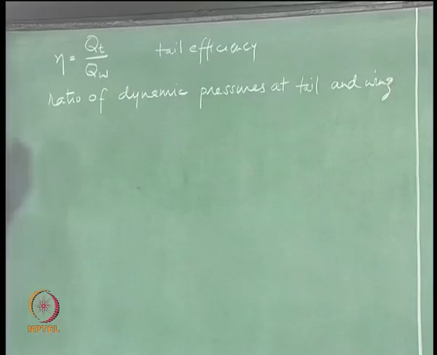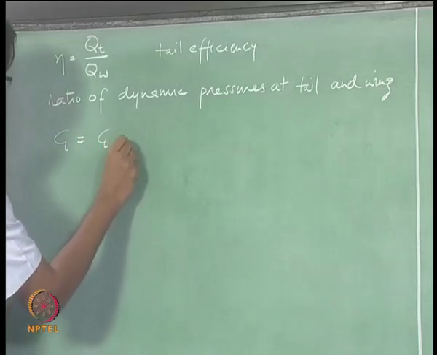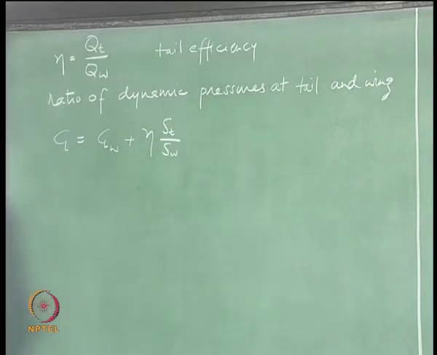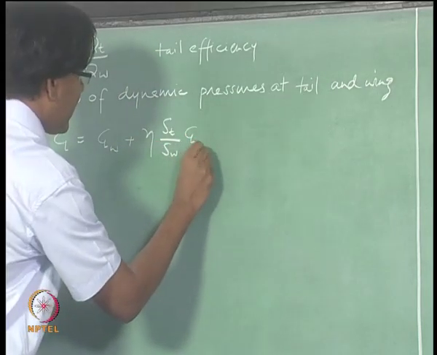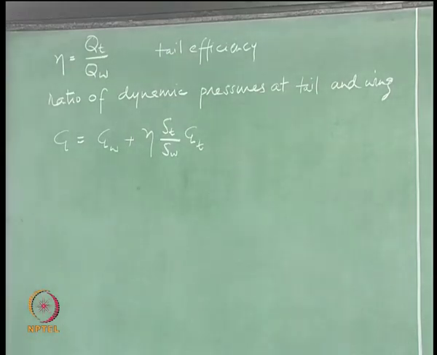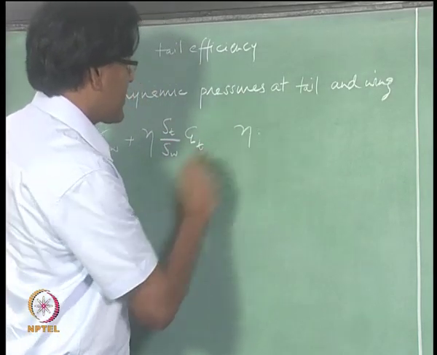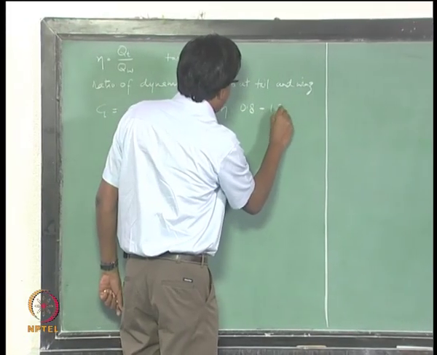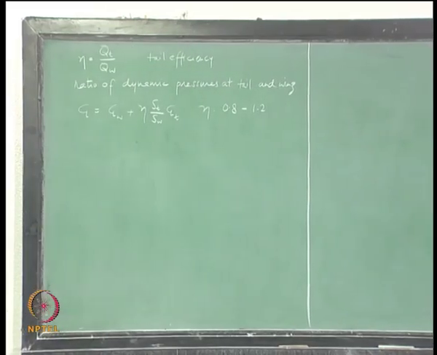Okay. So, this CL is now modified to, right. The value of this quantity lies between 0.8 and 1.2, right.